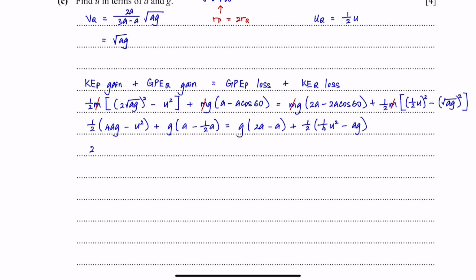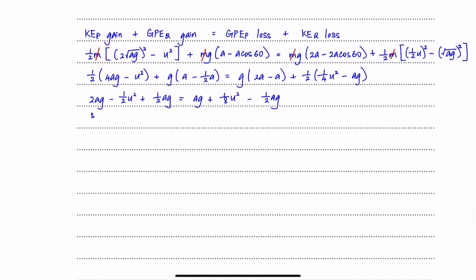So we would get 2ag minus half u squared plus half ag equals ag plus 1/8 of u squared minus half ag.